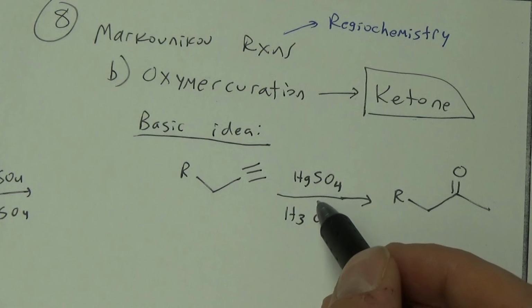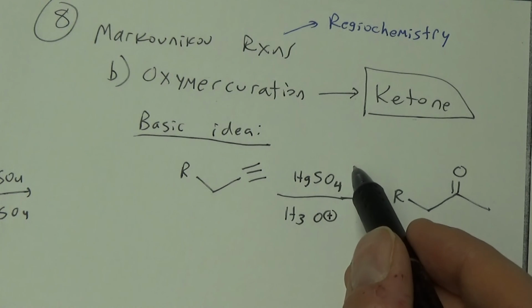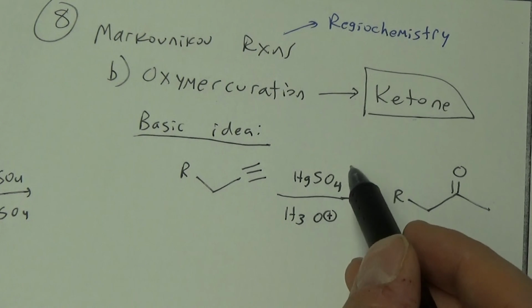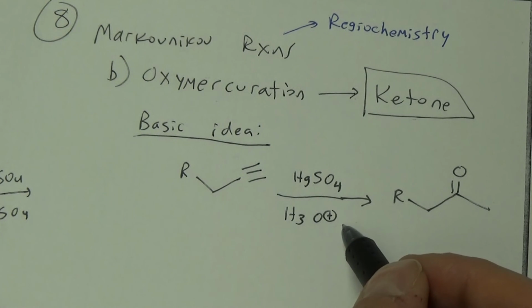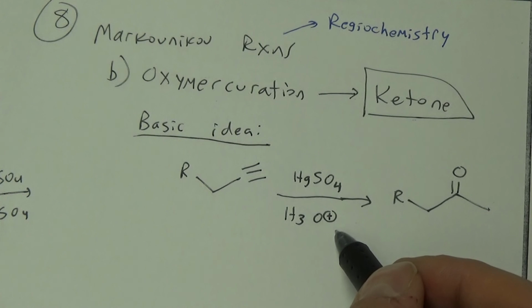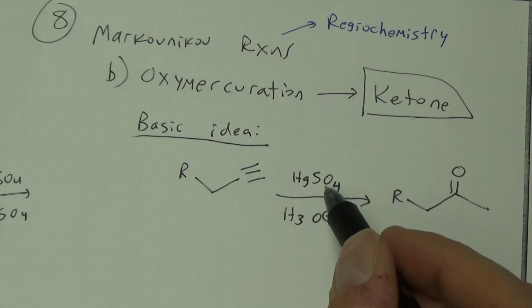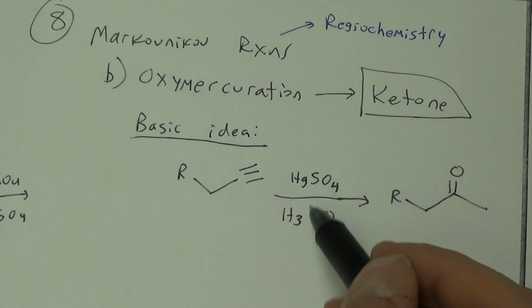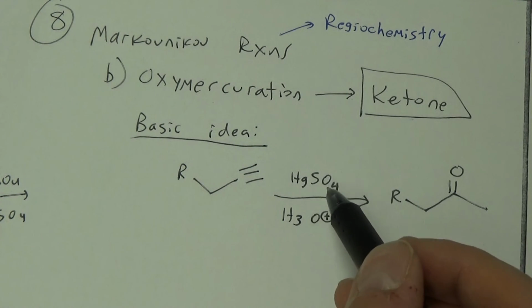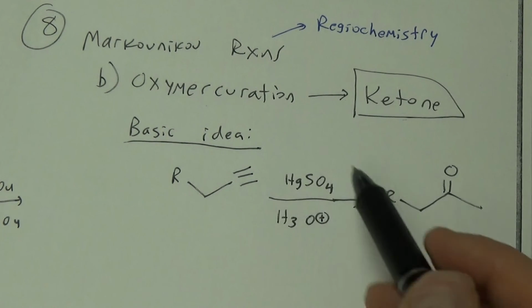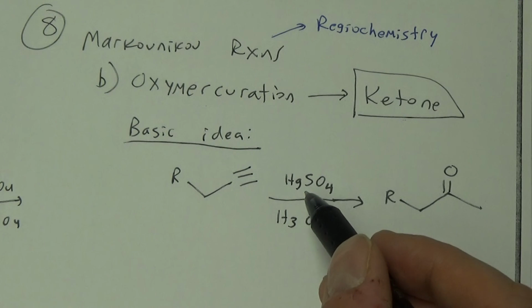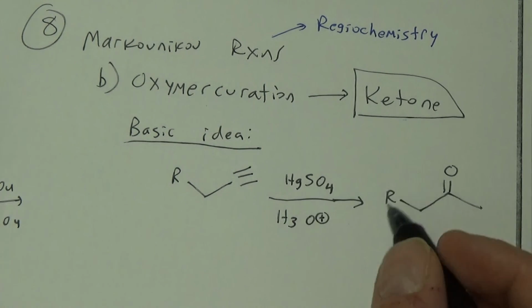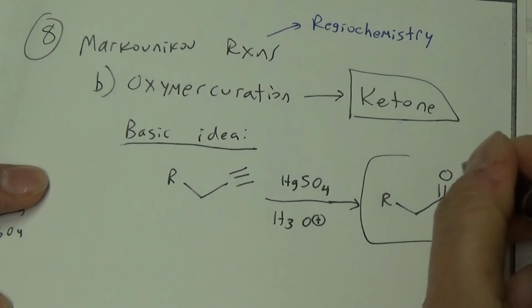Because remember in alkenes, it was mercury acetate, Hg(OAc)2, and then NaBH4, which is a reducing agent. This is not a reducing agent, so there's a couple differences between the alkene reaction and this alkyne reaction. One is no NaBH4. The other is mercury sulfate rather than mercury acetate. And you get a ketone out.